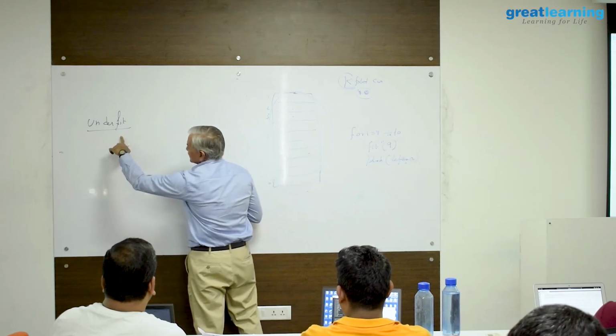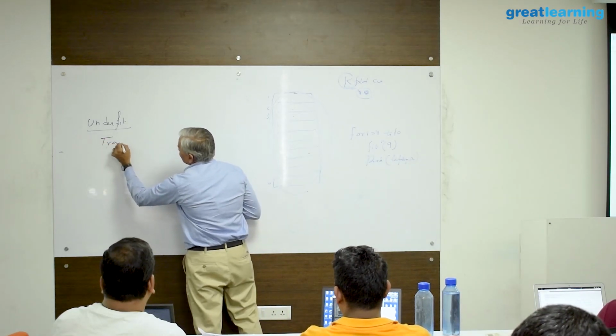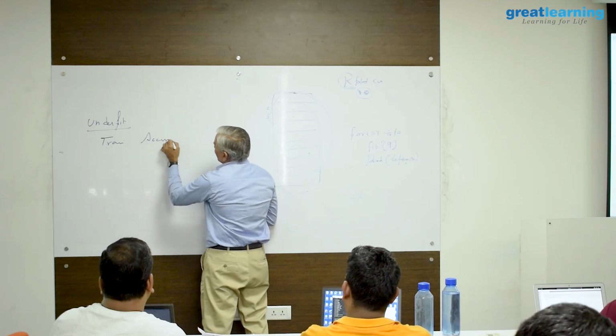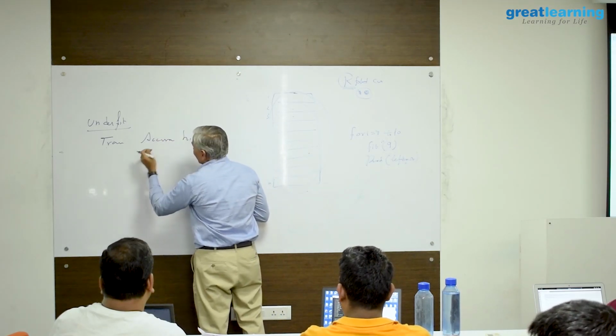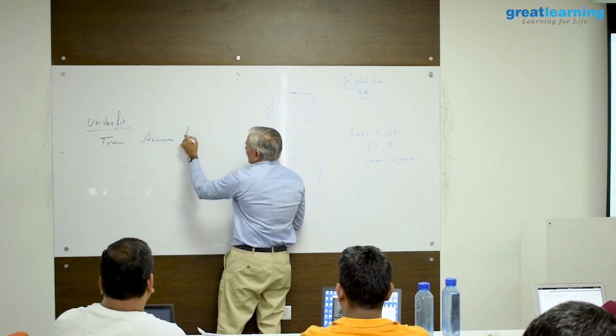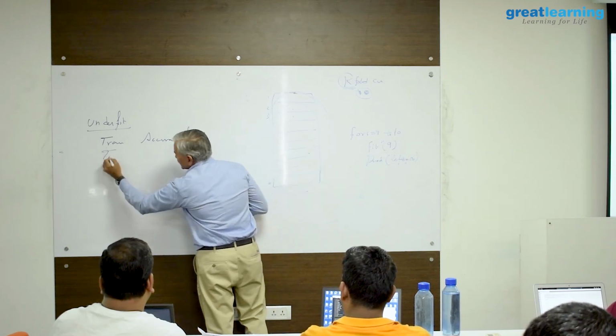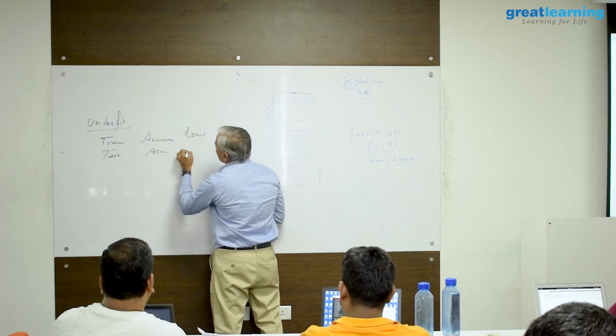Underfit is that case where in training set, accuracy is very low, and in test set also accuracy is very low.